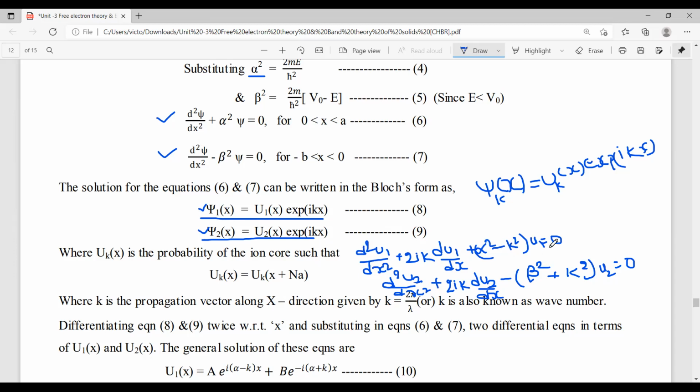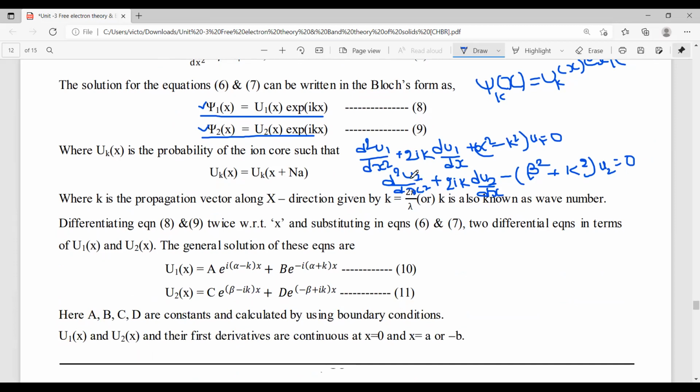This is the solution of equation 6 by taking equation 8, and this is the solution of equation 7 by taking xi2 of x, that is equation 9. So again we have second order differential equations forming here, d square u1 by dx square and d square u2 by dx square. So again, we have to solve these two equations.